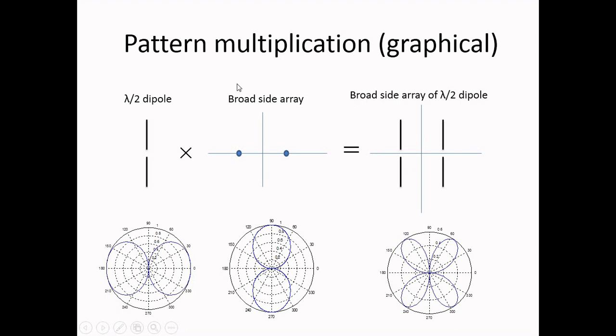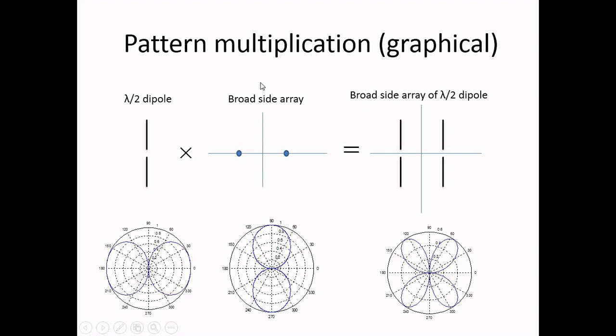the principle of pattern multiplication comes to help. It says that if you know the radiation pattern of a real antenna, and you know the radiation pattern of a broadside array of isotropic elements, you can multiply these two radiation patterns to get the resultant radiation pattern, which is actually a broadside array of a half-wave dipole.